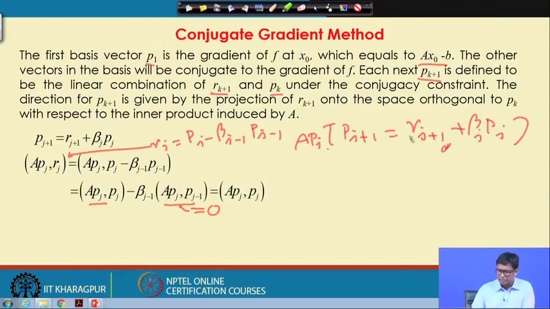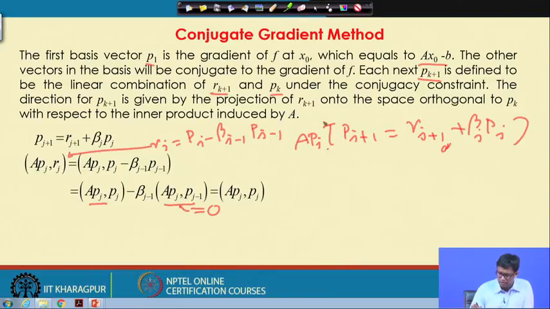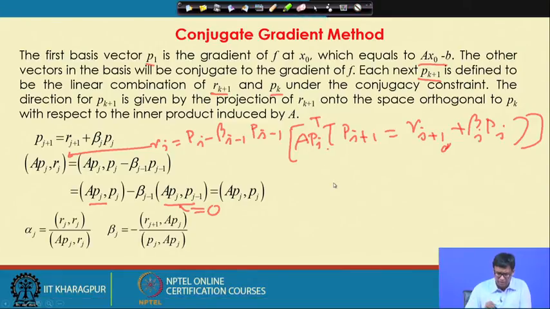So, this is A p j R j plus 1 plus beta j A p j R j, and for P j R j we have found out A p j P j. Using this, if I take this dot product, from there I can find out what beta is. Beta is minus R j plus 1 A p j by P j A p j, and alpha j is equal to R j transpose R j over P j A P j.